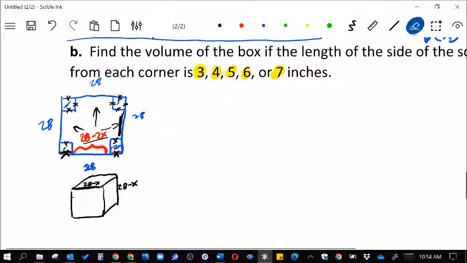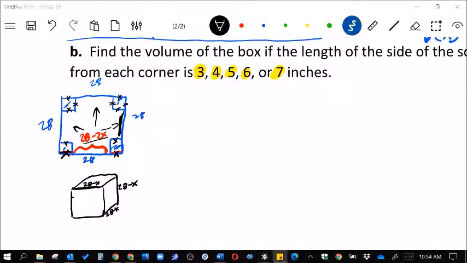I need to move this 28 closer so they don't get mixed up. I guess I call that depth. So what we have is the height, the depth, the length, the width.